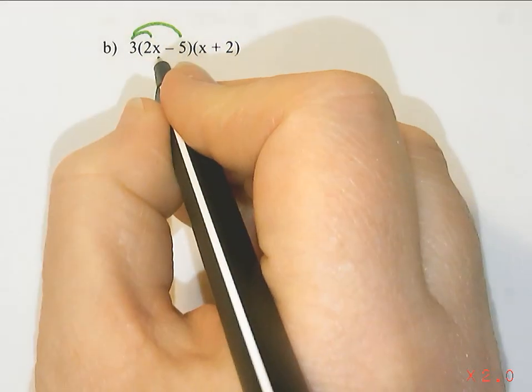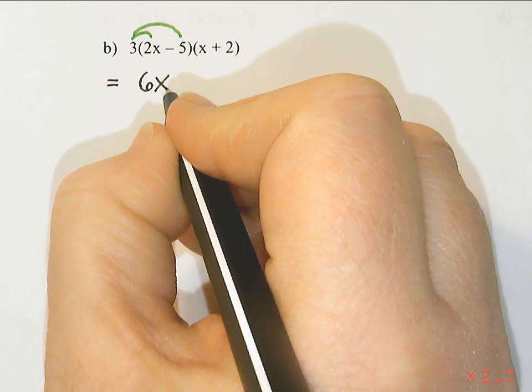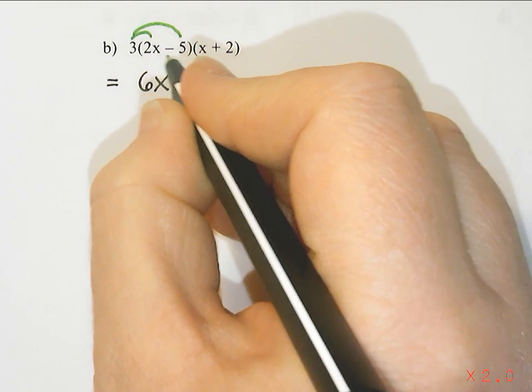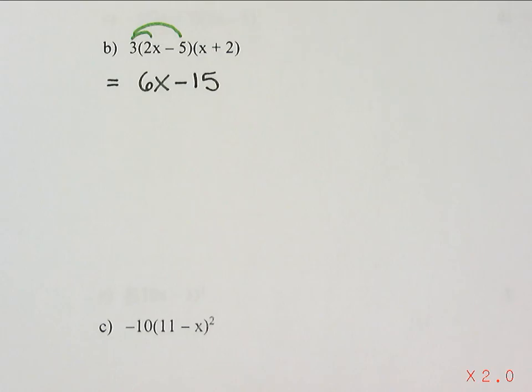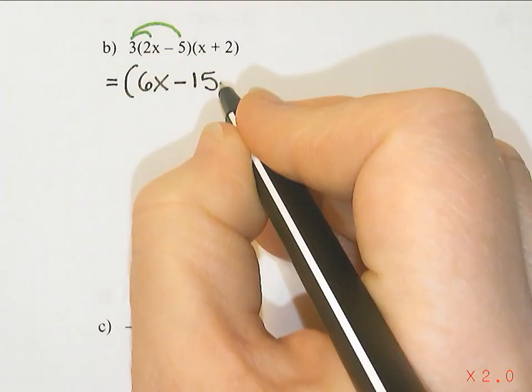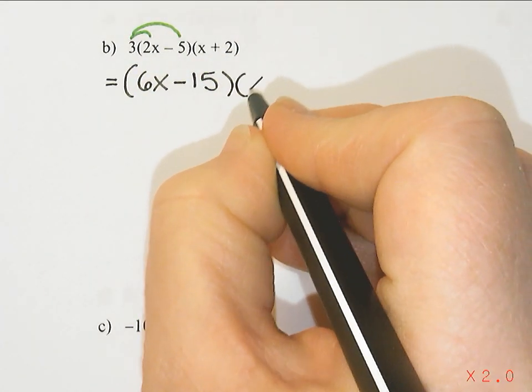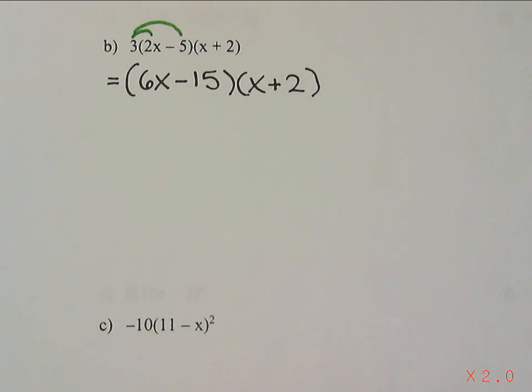So 3 times 2x is 6x. And then 3 times negative 5 is negative 15. Now, this still needs to be multiplied by x + 2, so it needs to go in a bracket to show that we're still multiplying. So I have (6x - 15) times (x + 2).